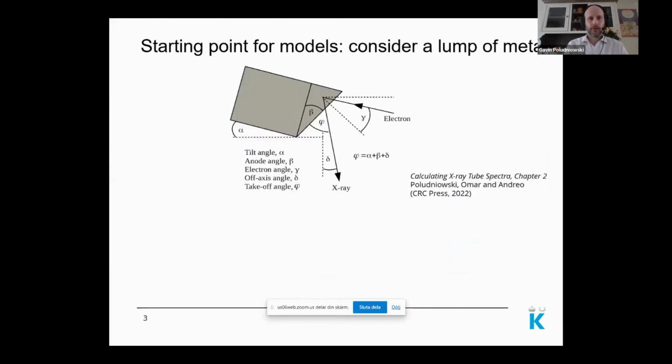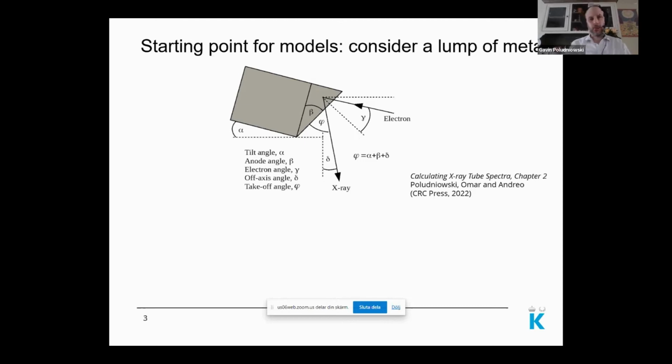Now, the starting point for these analytical or deterministic models, rather than modeling a whole X-ray machine with a generator, or even modeling the X-ray tube, really comes down to considering a lump of metal, which you might consider quite a crude approximation, but we can get quite far with this actually.